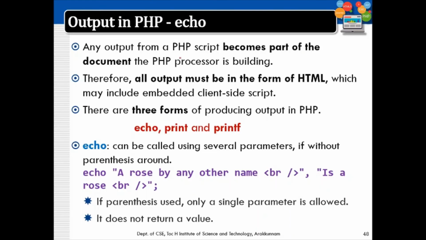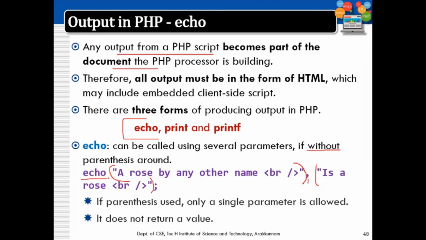So we already have seen any output from a PHP script will become part of the HTML document, and there are three forms. Echo can be used with several parameters if written without parentheses. So this is the first parameter, comma, I can use a second parameter here. So n number of parameters can be used with the echo statement.